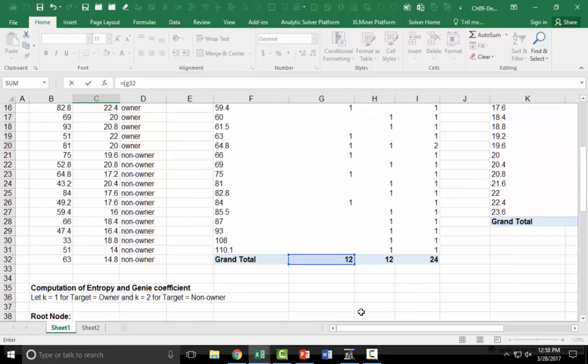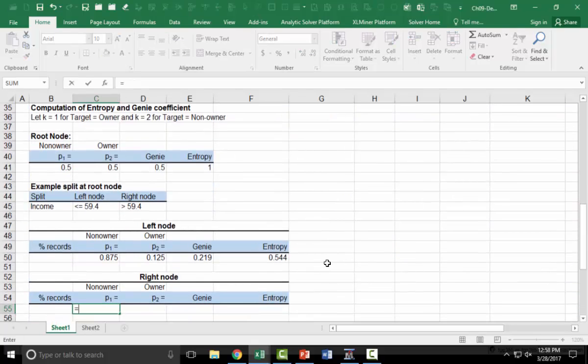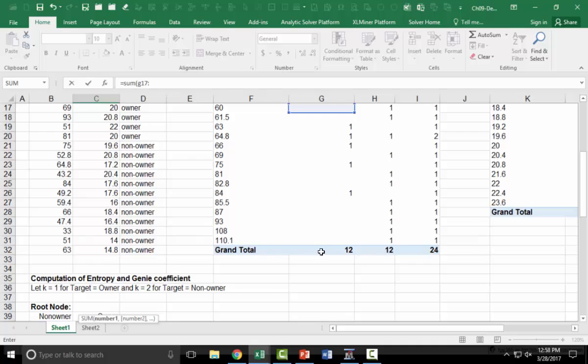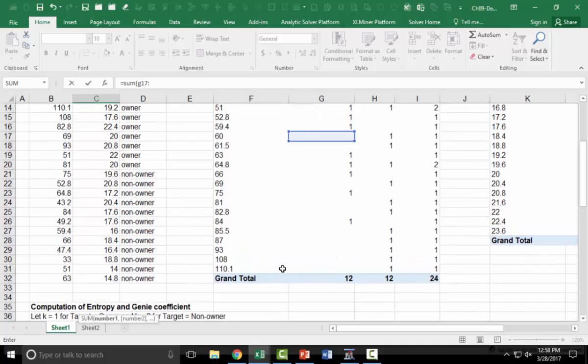So it will be G32, or we can try this. I haven't tried this. G17, sum of G17 through G31.